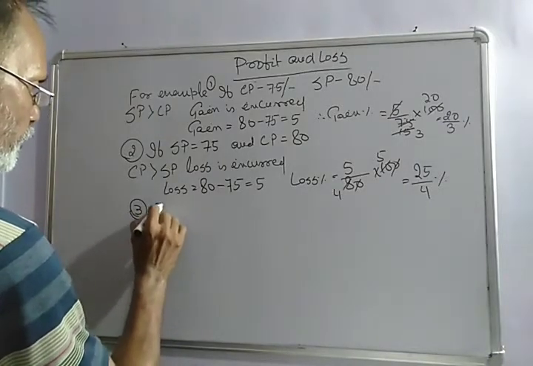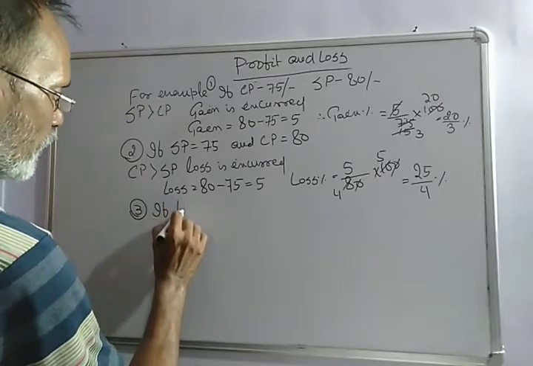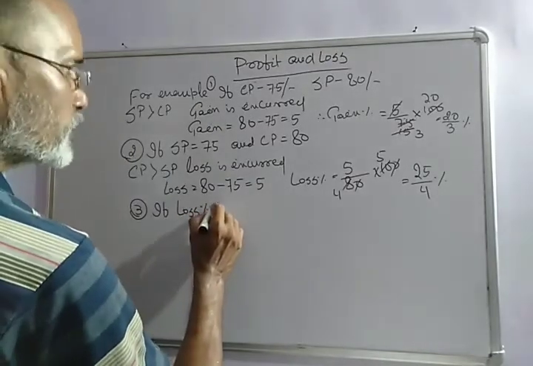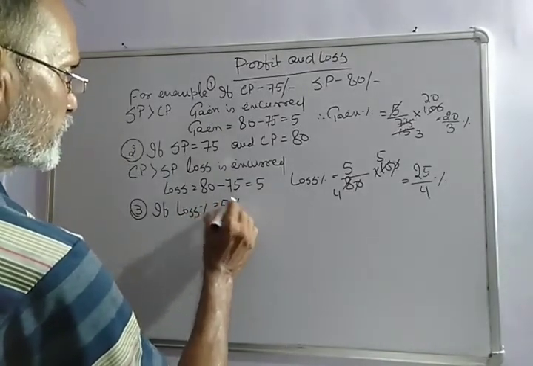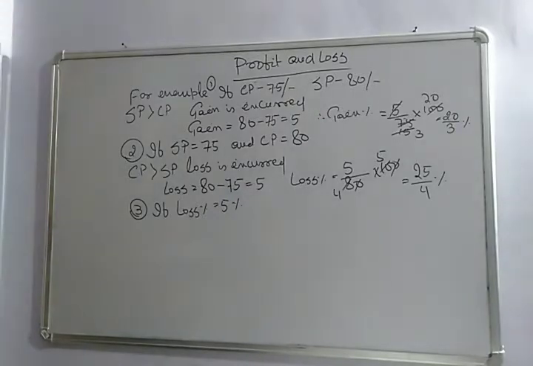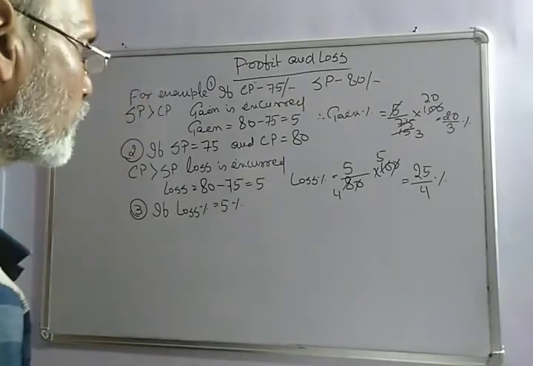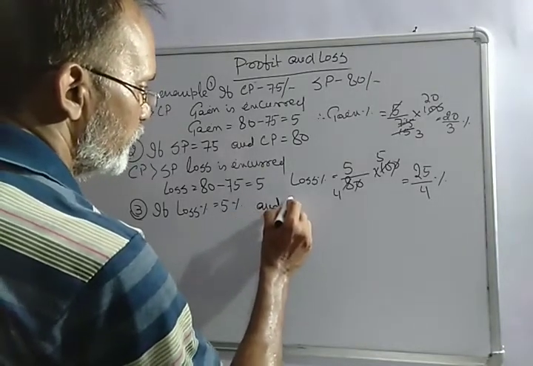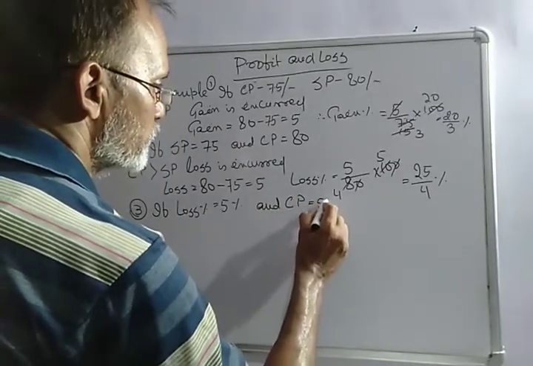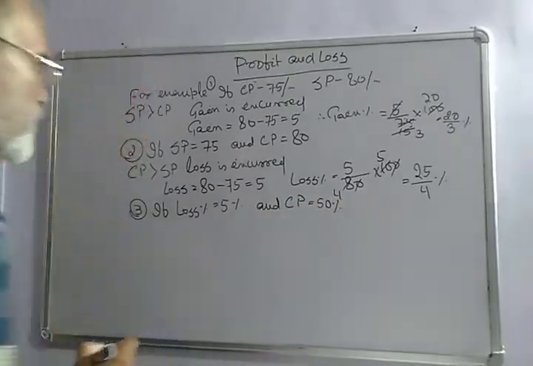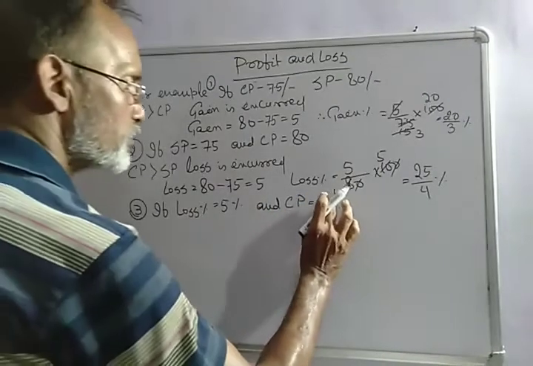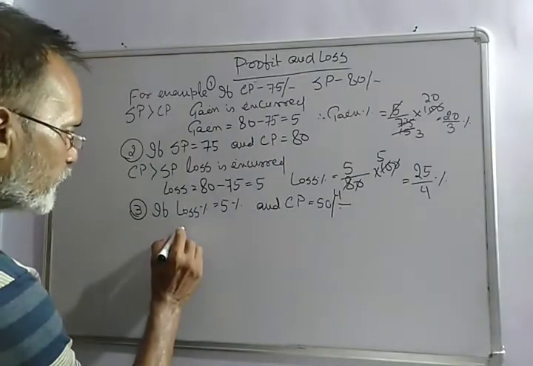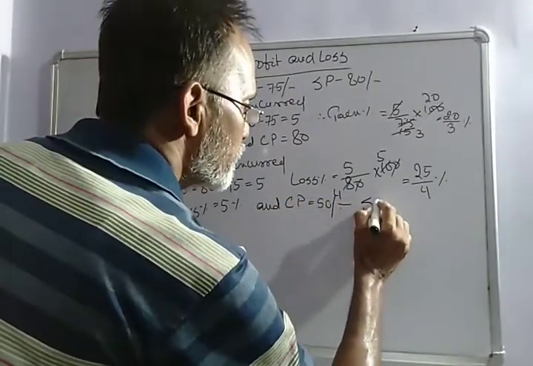if loss percent is given, loss percent is equal to 5% and CP is equal to 50 rupees. So here you have to find out the SP.